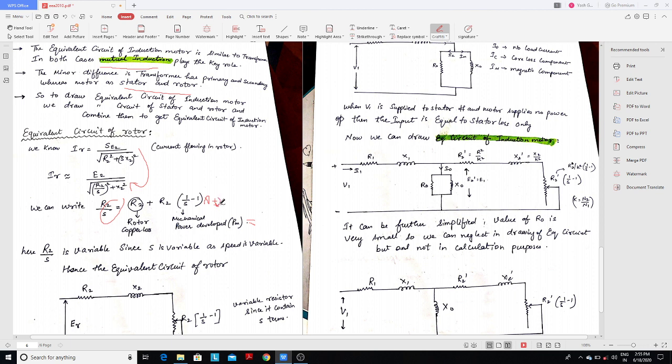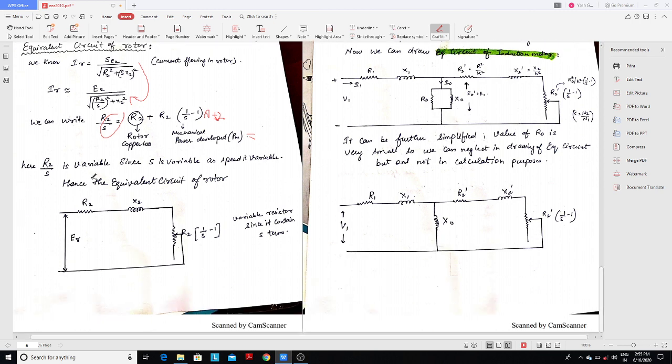The current flowing through the rotor into this resistance is termed as mechanical power. Since R2 by S is variable, as we increase or decrease the speed, S is variable, so this resistance is variable. So we observe the equivalent circuit of the rotor: here the resistance and inductance, and this is the variable resistance.